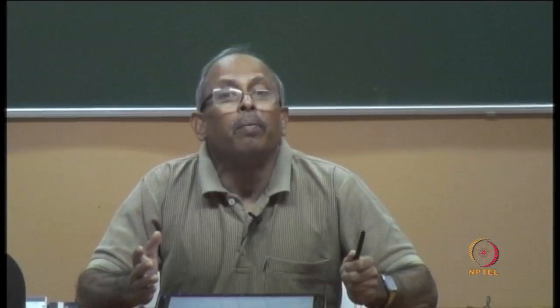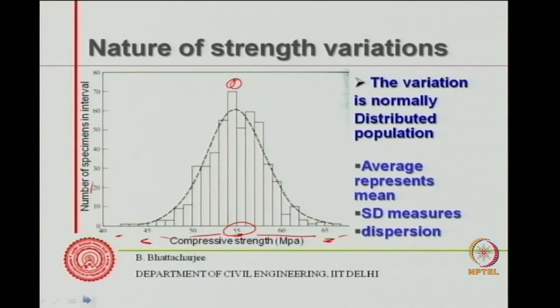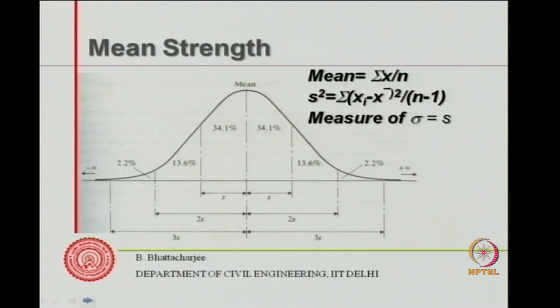Hence, when I specify my strength, this variation is normally distributed and the average represents what is called the mean, and it will have some kind of dispersion about this mean. If you recall, and this also comes from statistics, if I consider the whole area under this curve to be 1, then 50% of the curve is on this side, 50% of the curve is on this side.